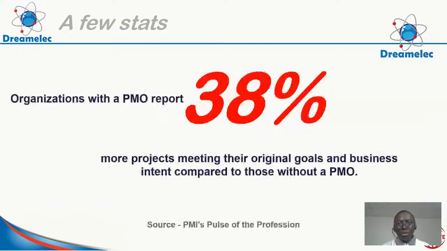Autre statistique, toujours venant du PMI, 38% de projets, if I can say it in English, 38% more projects meeting their original goals and business intent compared to those without PMO.